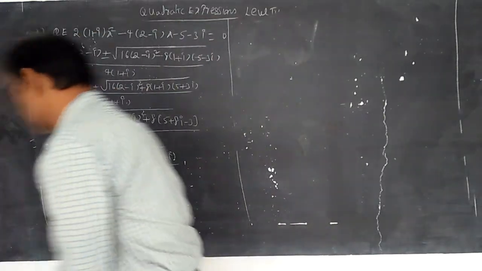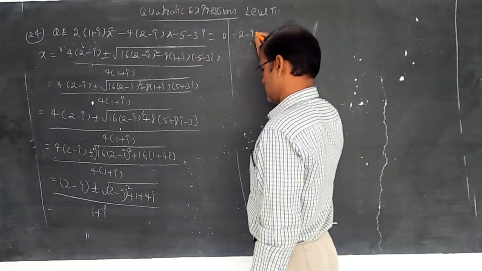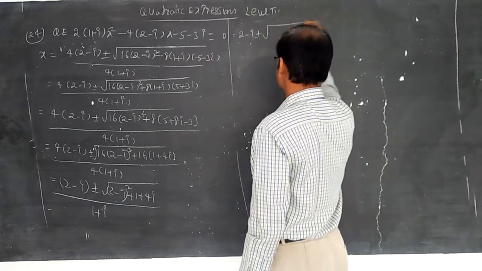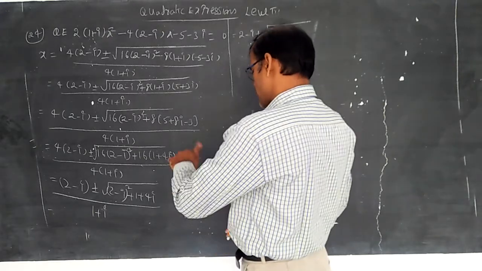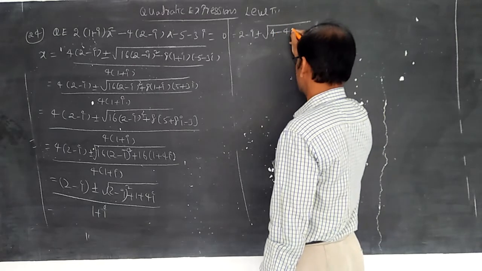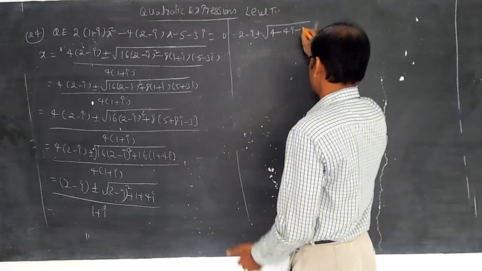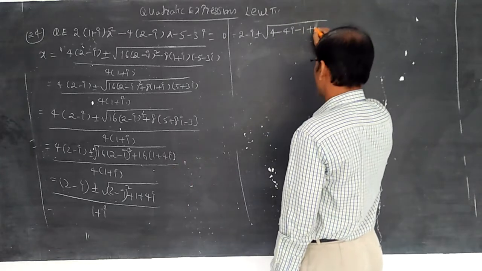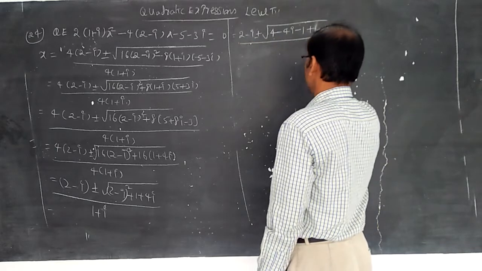b square minus 4ac. That is equal to 2 minus i plus or minus root of, let us take this one, 4 minus 4i minus plus i square becomes minus 1 plus 1 plus 4i whole by 1 plus i.